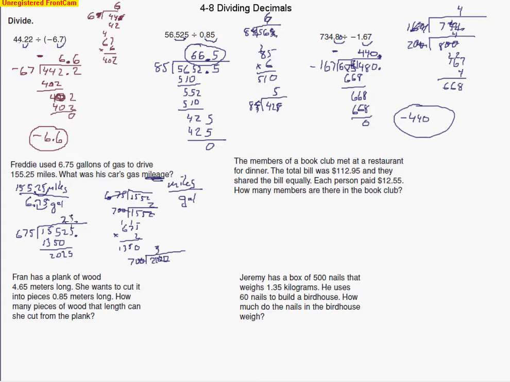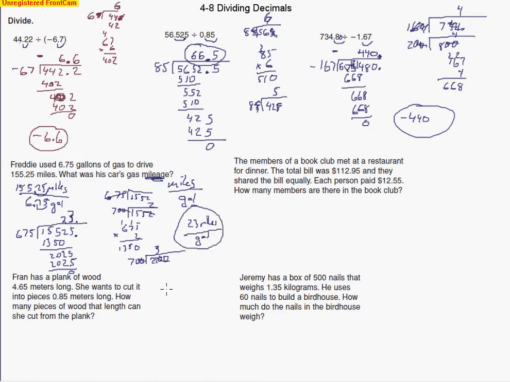Let's see if it works. 3 times 675. So 3 times 5 makes 15. 3 times 7 makes 21, plus 1 makes 22. 3 times 6 makes 18, plus 2 makes 20. So it does end up working out. And so our answer is 23 miles per gallon.